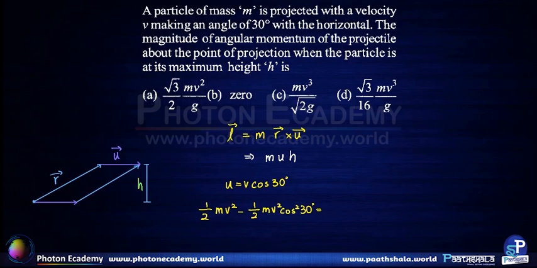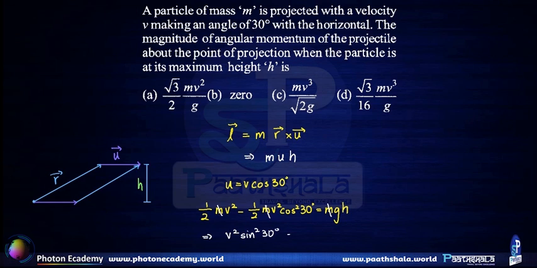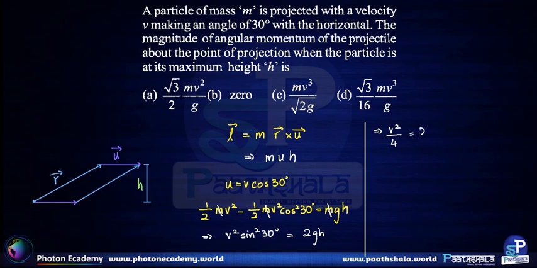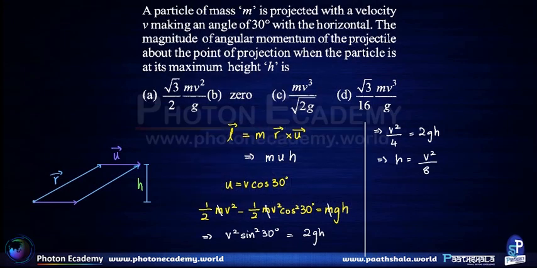This difference in kinetic energy would be equal to the potential energy gained by the projectile. So m cancels out. We have v square sine square 30 degrees is equal to 2gh. So v square by 4 is equal to 2gh, or h is equal to v square by 8g.